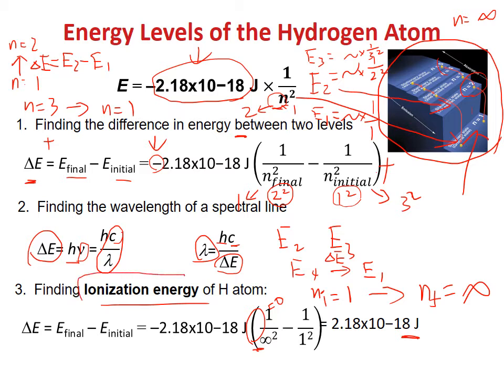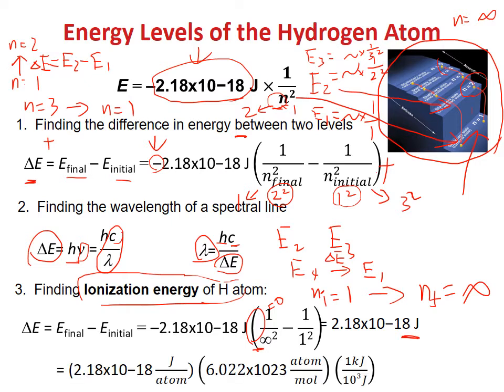Ionization energy of hydrogen atom is defined as the energy to remove electrons from 1 mole of hydrogen atoms. And therefore, we need to multiply by Avogadro's number. That gives you 1 mole of hydrogen atoms, so this changes joule to joule per mole, from 1 atom to 1 mole.